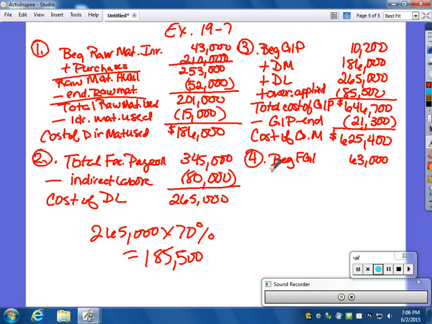Right. Next is plus cost of goods manufactured, which we got in the previous part, 625,400. And what else? Less ending finished goods, which is 35,600.